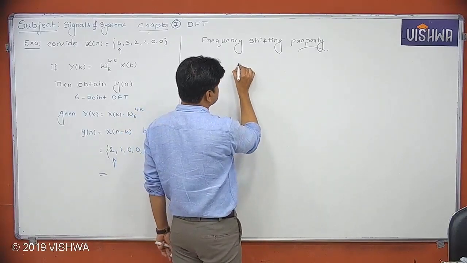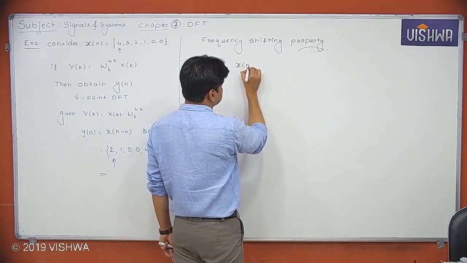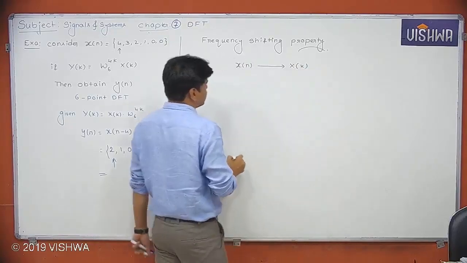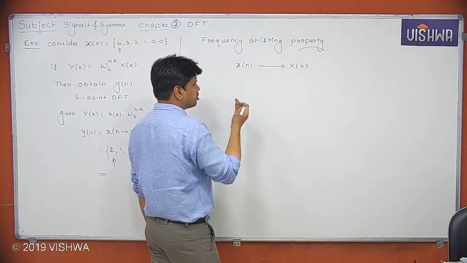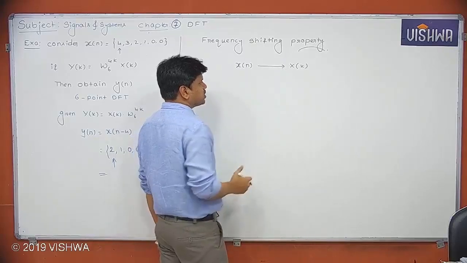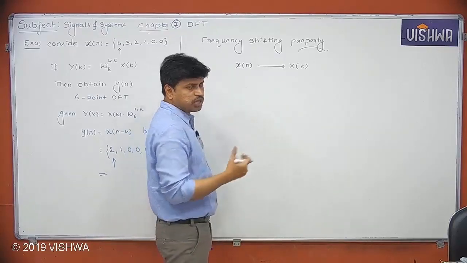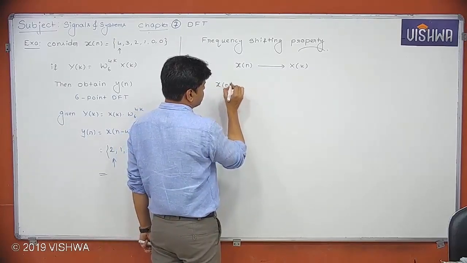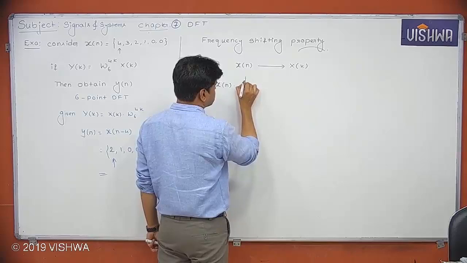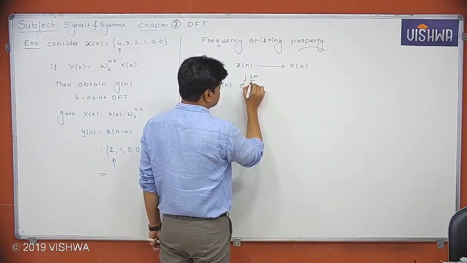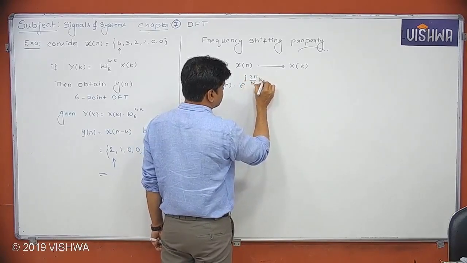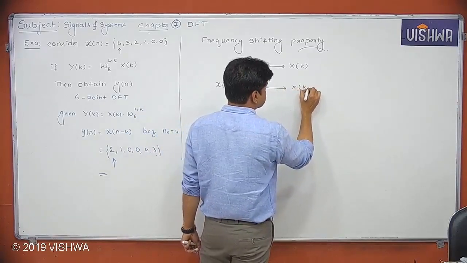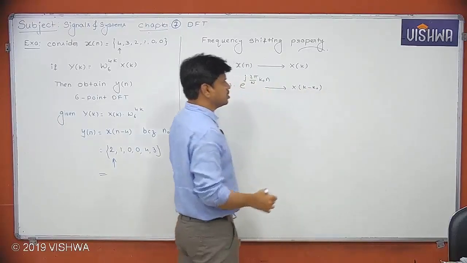Suppose x of n has DFT x of k. I told you shifting in one domain leads to exponential multiplication in the other domain. To get frequency shifting, in the time domain it has to be exponential multiplication. So x of n is multiplied with e power j 2 pi by n k naught n, and then it is x of k minus k naught. This is one property.